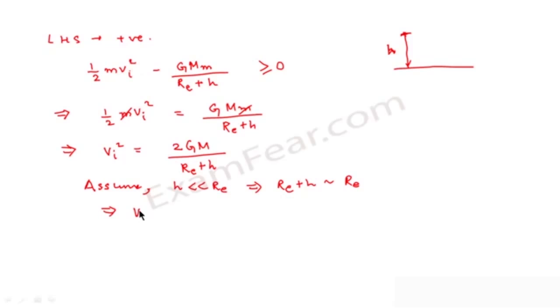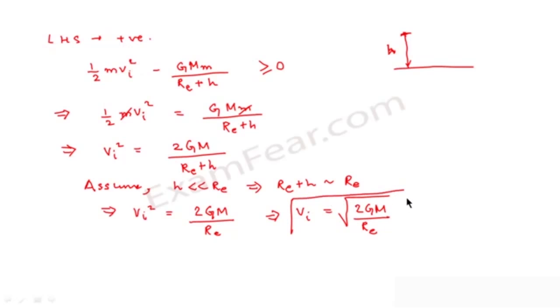Therefore, we find v i square is equal to 2GM divided by Re, or we can say that v i is equal to root over 2GM divided by Re. That means this is the value of initial velocity at which the object will never come back to the surface of the earth.